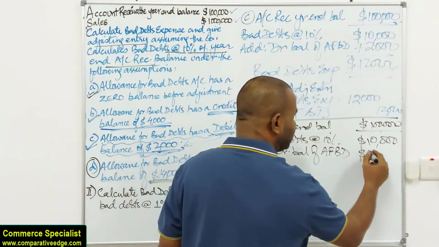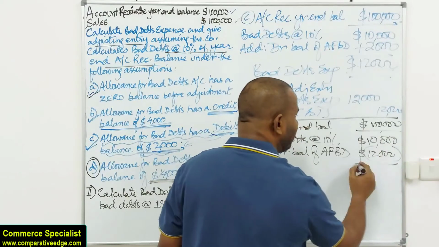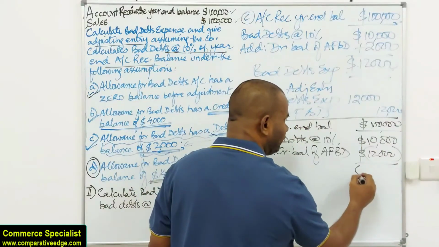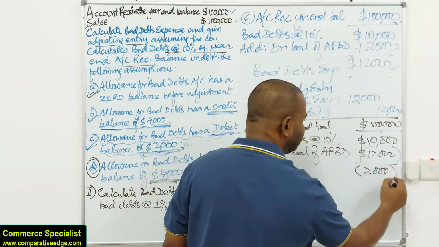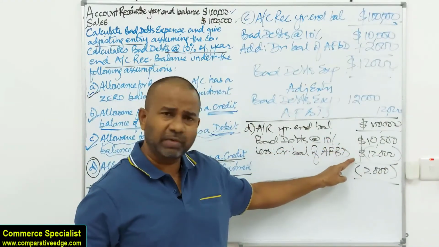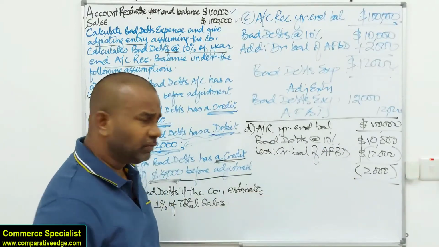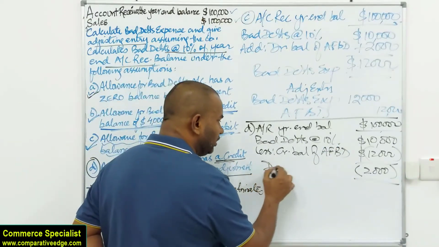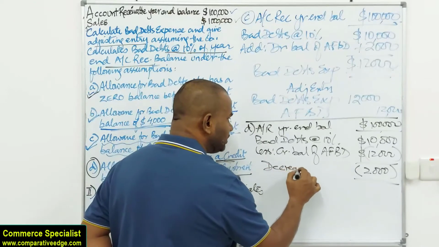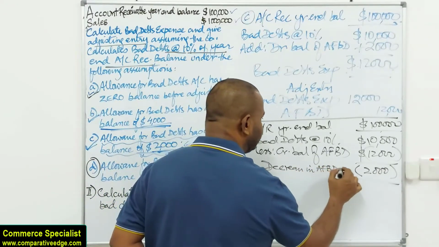So the credit balance is 12,000. So from 10, when you minus 12, you will get a minus of 2,000. 10,000 is your estimated bad debts. You minus your credit balance of allowance. 10 minus 12 will give you minus 2,000. We will call it decrease in allowance for bad debts.